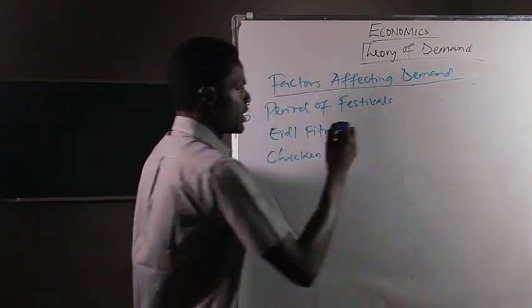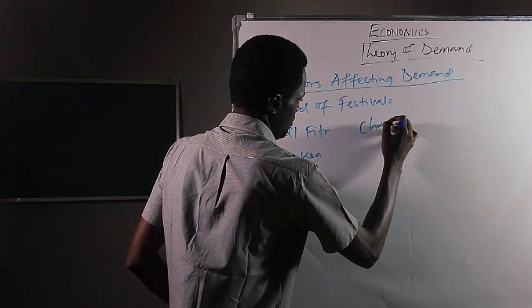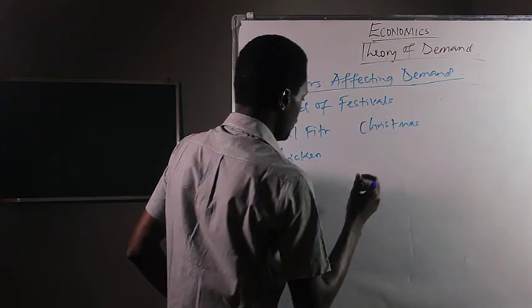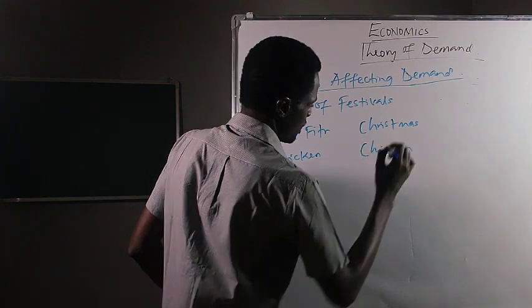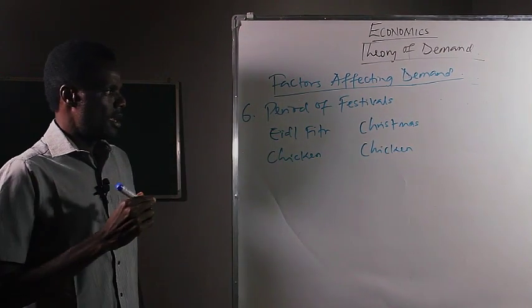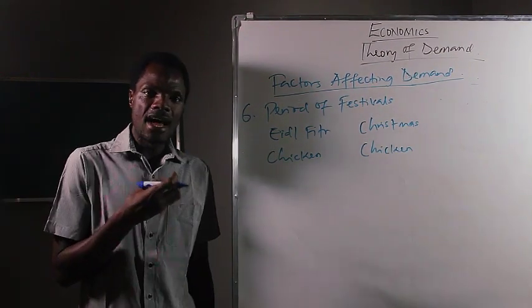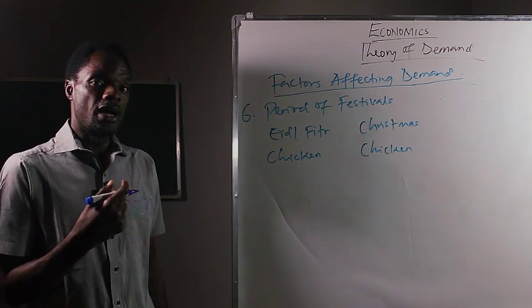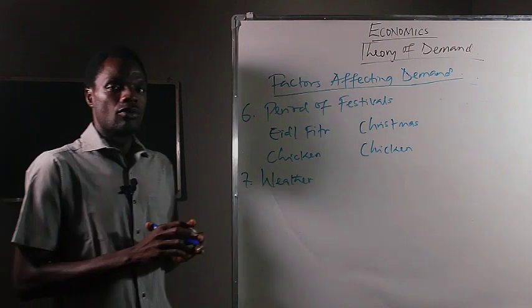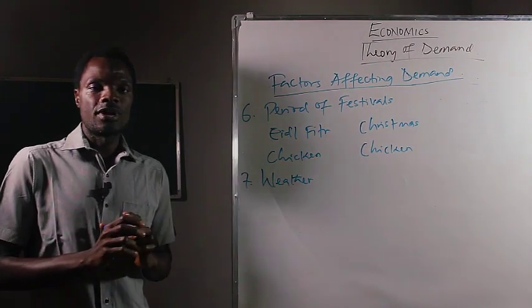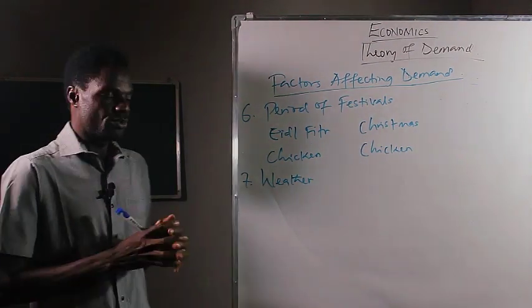And during Christmas, people tend to buy more chicken, particularly Christians. So the festive season has influence on the demand for goods and services. Now, this is the last but not the least factor that is affecting demand, which is weather.